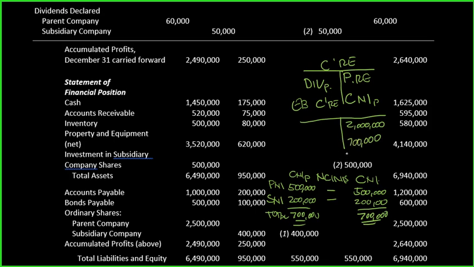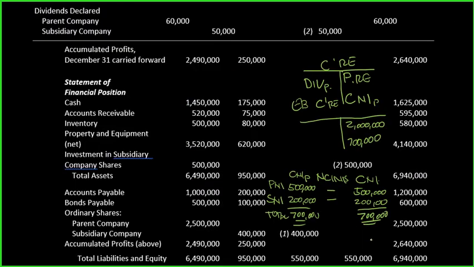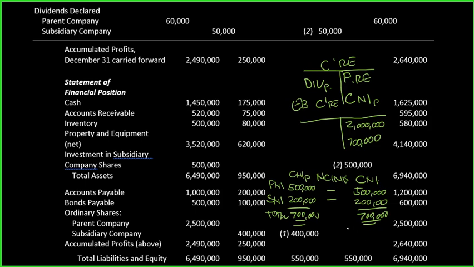How much is the dividends declared by the parent? Let's see. The parent declared dividends amounting to, where is that? Dapat nandito lang yun. Okay, the parent declared dividends amounting to, I'm almost there.